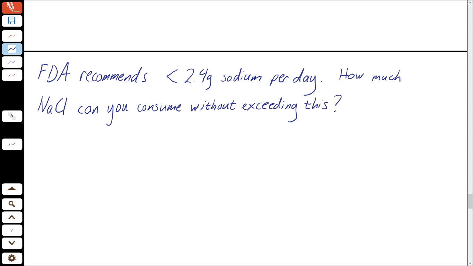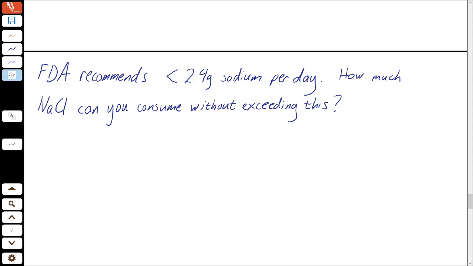So the recommendation is for sodium ions, Na+. But if you were to measure your food, if it was already prepared food, you'd look at the nutrition labels. But let's say you're making everything from scratch. You want to know how much actual salt you can add and be within those guidelines. Well, salt isn't just sodium, it's sodium chloride. So how do we do that?